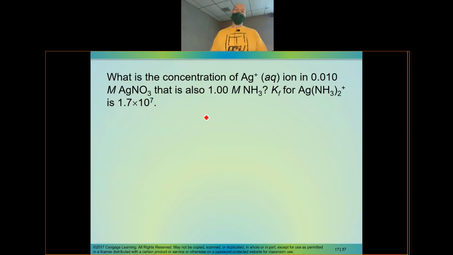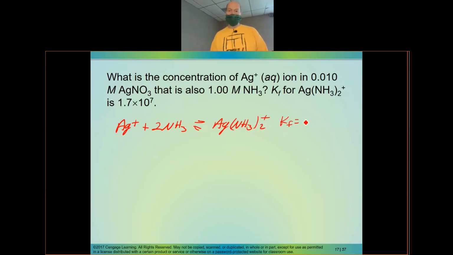All right, so we can write that Kf again: Ag plus and 2 NH3 is in equilibrium with Ag(NH3)2 plus, which has a Kf value of 1.7 times 10 to the 7th. All right, and so we see that it says that it's in 1 molar NH3, and so we have an initial. That's 1 molar of NH3.